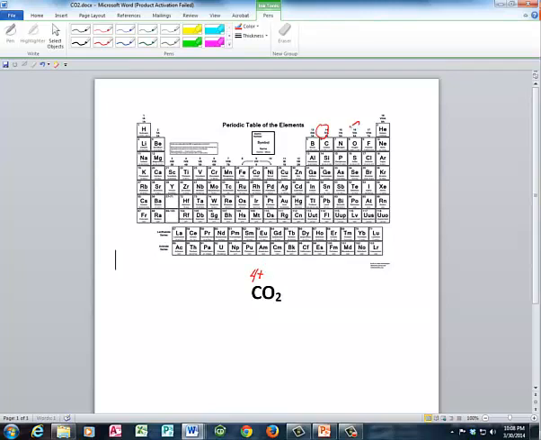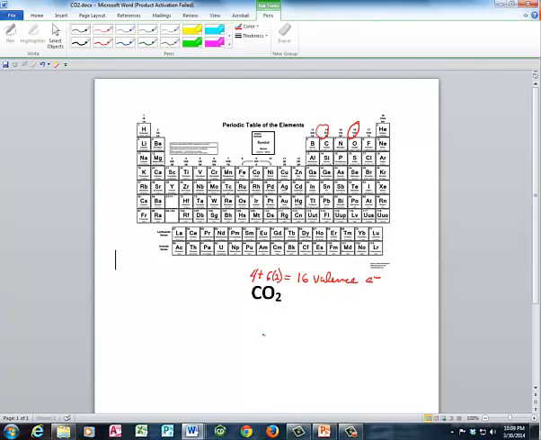Oxygen is in group 6, so it's got 6 valence electrons, but there are 2 oxygens, so we multiply that times 2 and then add them up. So 2 times 6 is 12, plus 4, that's 16 valence electrons for carbon dioxide.